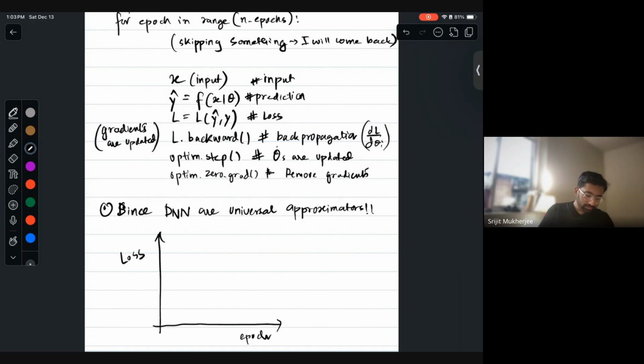Since they are universal approximators, learning the best possible function, the training loss converges to zero. In most of my projects, if I run for long, the training loss turns out to be zero, because it gets to learn it.